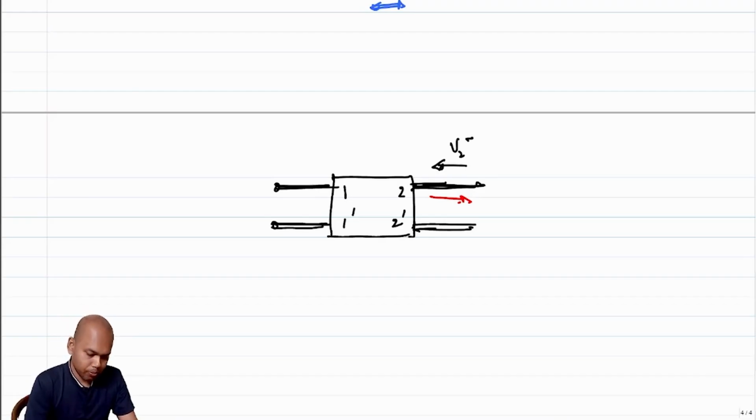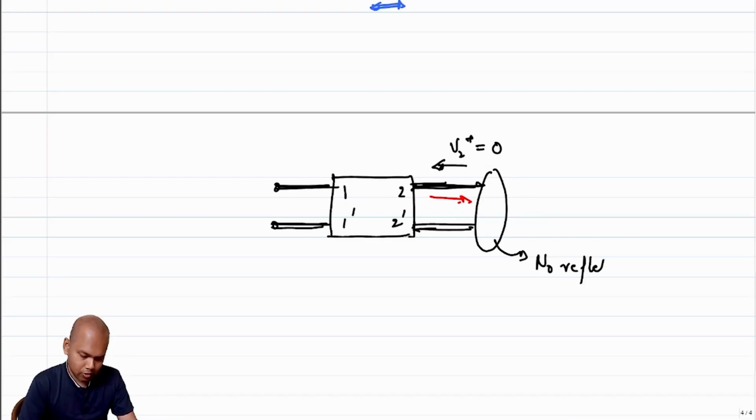So V2 plus should be equal to 0. So by this, we are trying to impose that there should be no reflections at the load interface.